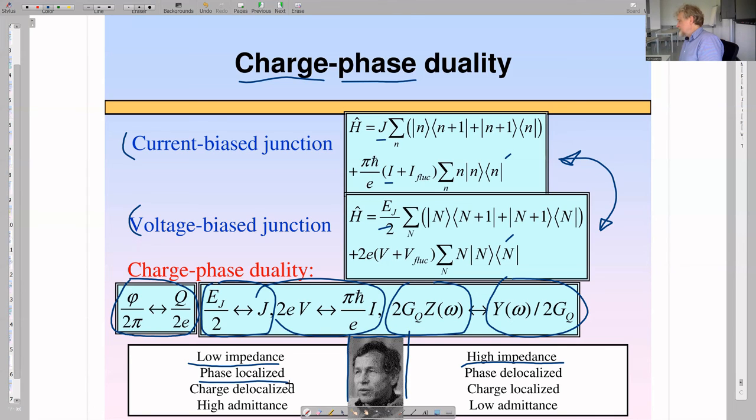The same result we can obtain if we consider current bias junction. In this case, high admittance blocks phase tunneling between the valleys. Phase is localized and we have good superconducting current. Therefore, the charge is delocalized.